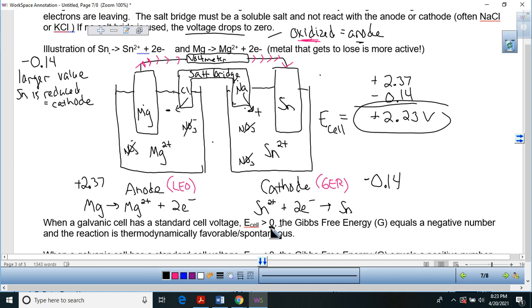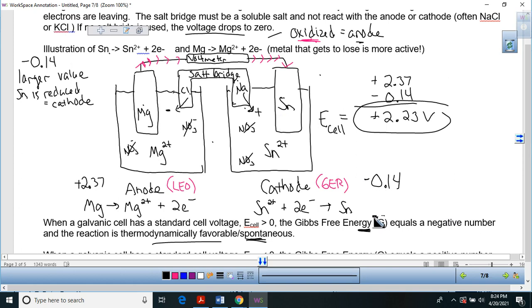Now, if your cell potential is greater than 0, we say it's a spontaneous reaction. It's thermodynamically favorable, which tells us it has what we call a Gibbs free energy that's a negative value. Gibbs free energy is essentially the free energy when you look at reactants compared to products.